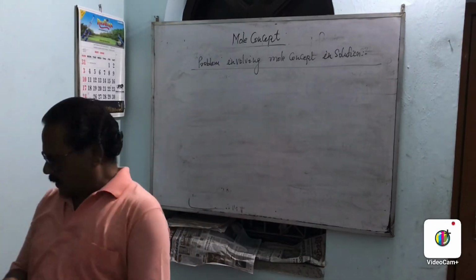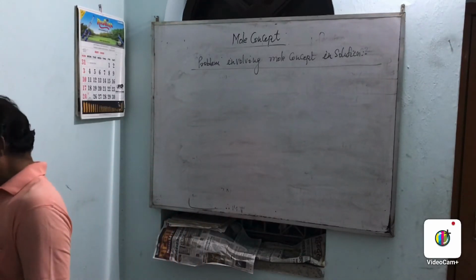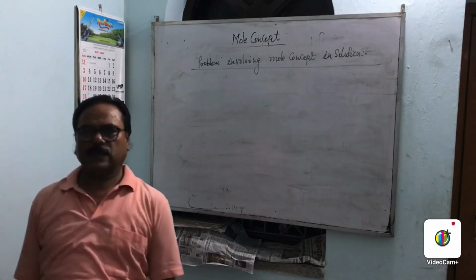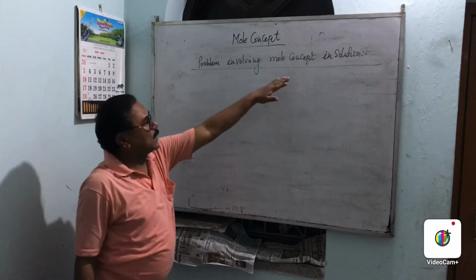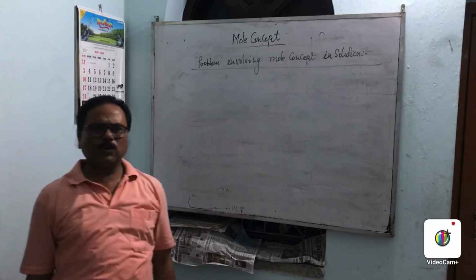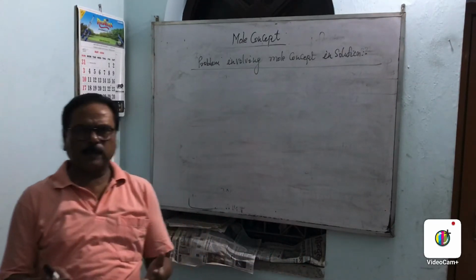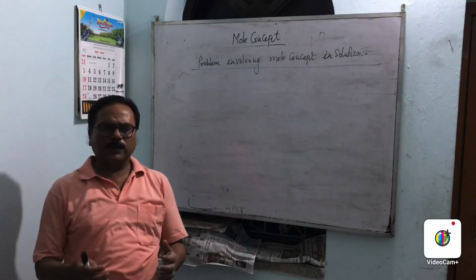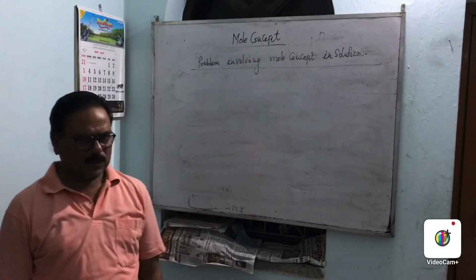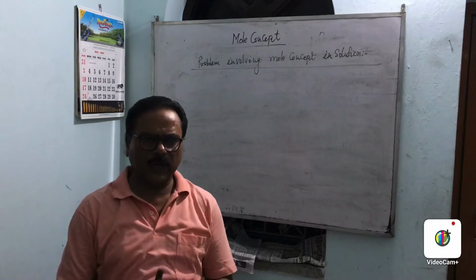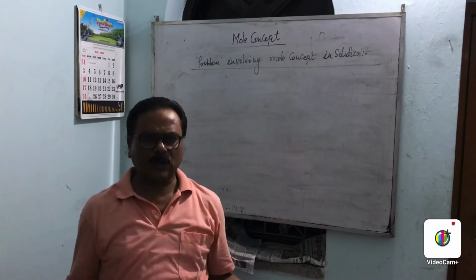That is, the problems involving the mole concept in solution. We know the term solution is a very useful and well-known term for us. A solution is a homogeneous or heterogeneous mixture of 2 or more components.